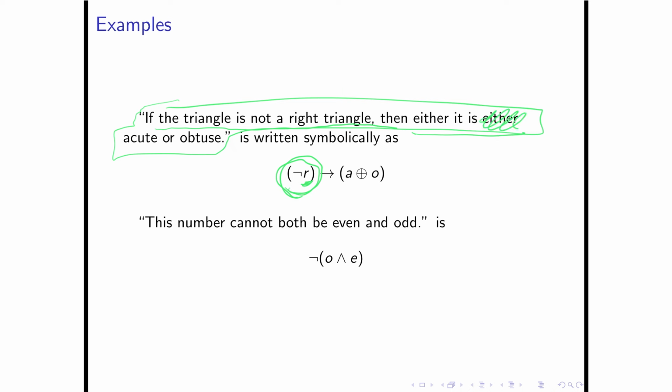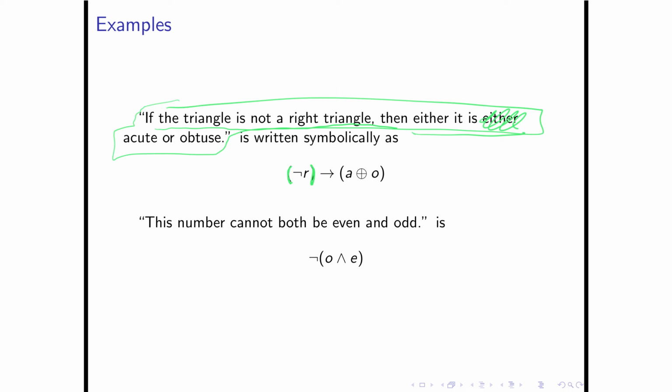And then we can say, "then either it is acute or obtuse." Here, I think context would suggest that we mean the exclusive or when we say that. So I make up another symbol for acute, another symbol for obtuse, and I join them together with the exclusive or operator. And notice the use of parentheses here to make sure that it is clear what order these are supposed to be read in.